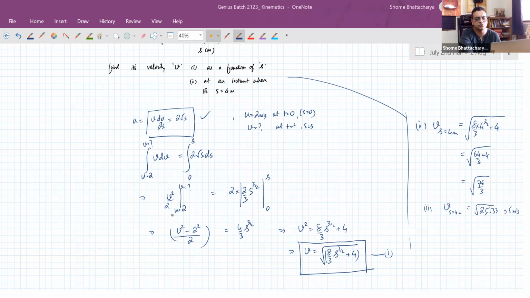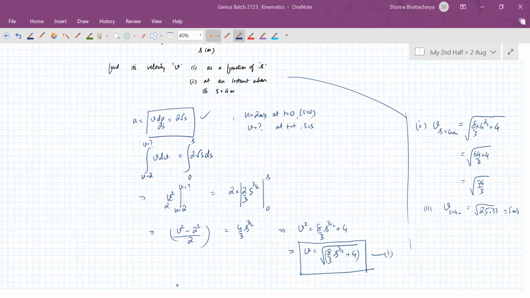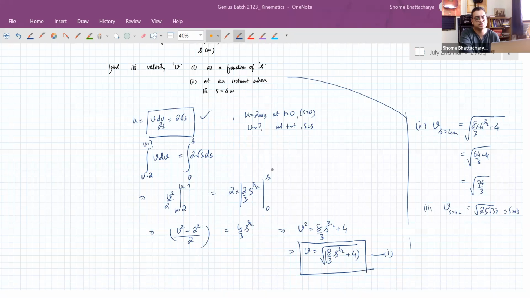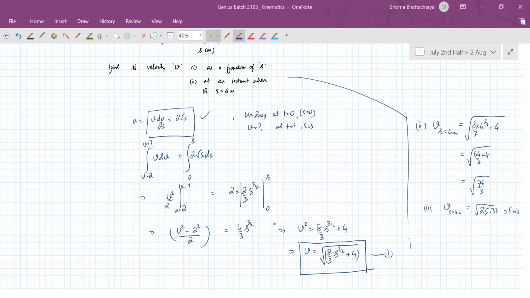So what is that? It's v square by 2. But what is the limit? The lower limit is u equal to 2. Upper limit is v equal to v. So it's upper limit minus lower limit, right? Yes. Similarly, on the right hand side, the integration is this, but what is the limit? 0 to s. So the upper limit is 4 by 3 s to the power 3 by 2. Lower limit is 0. So you're just substituting the limits now.